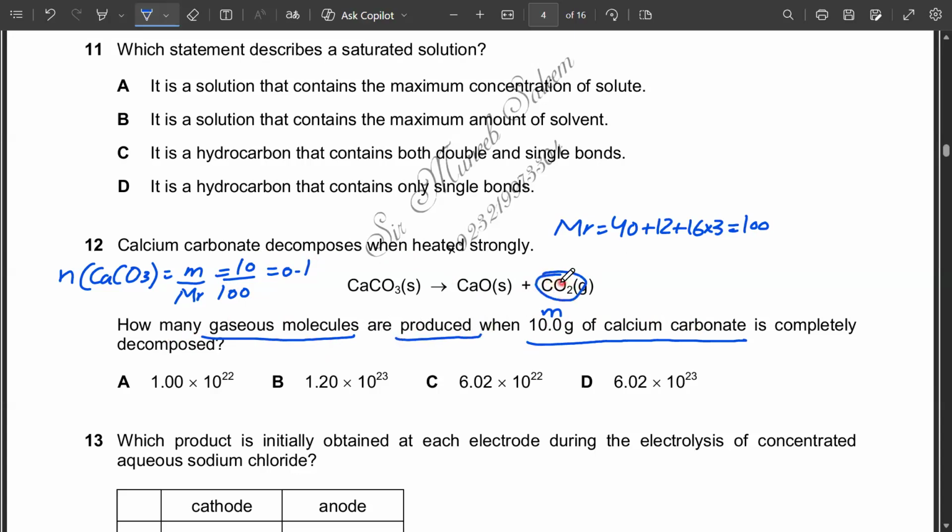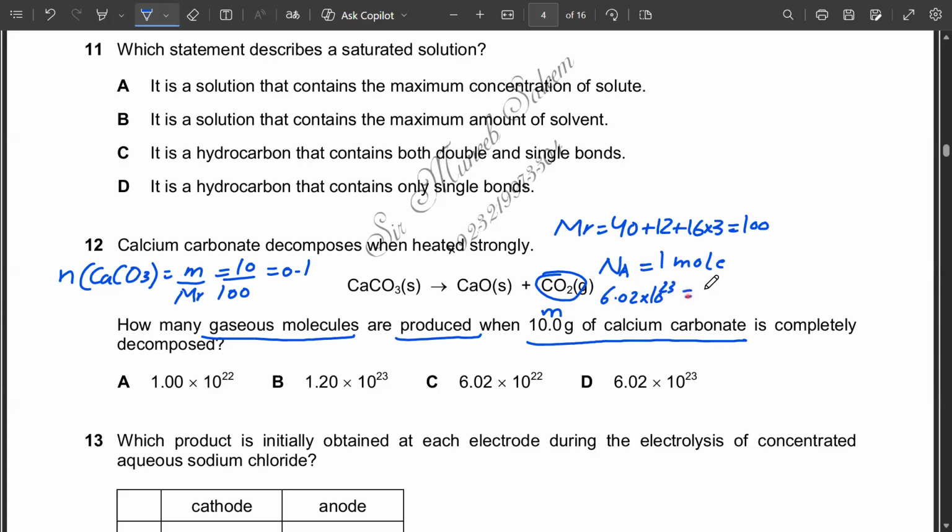We need to find the molecules of carbon dioxide, and for that purpose we relate Avogadro's number with the mole. As we know, 1 mole is equal to Avogadro's number, and the value of Avogadro's number is 6.02 into 10 raised to power 23.